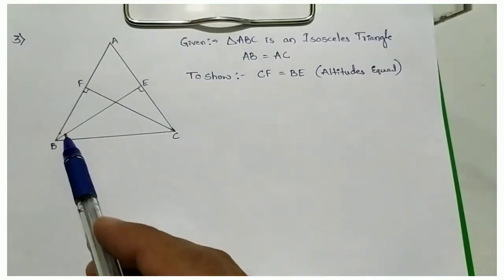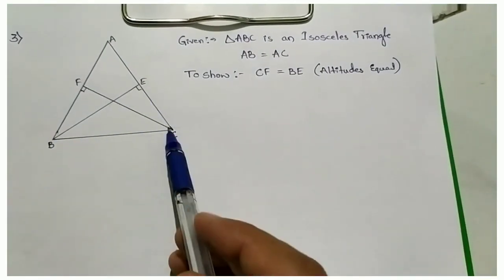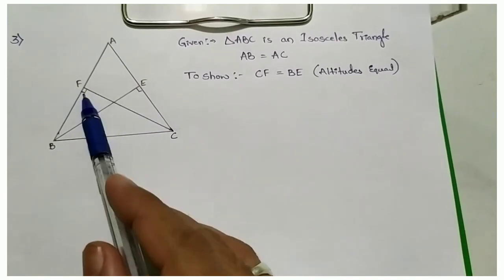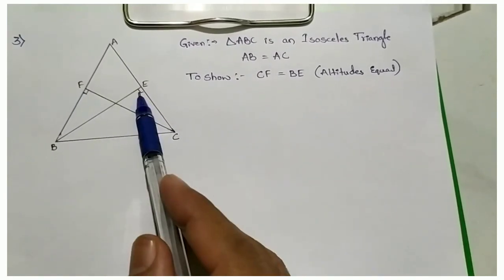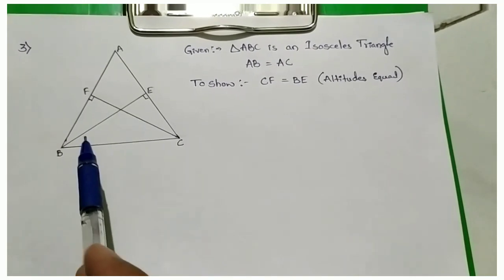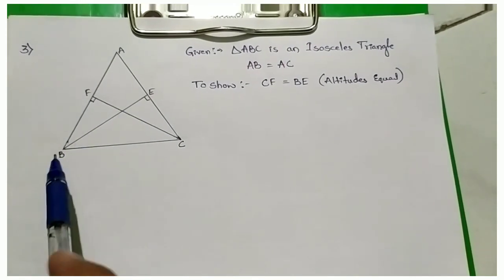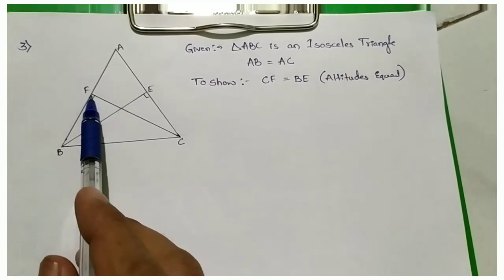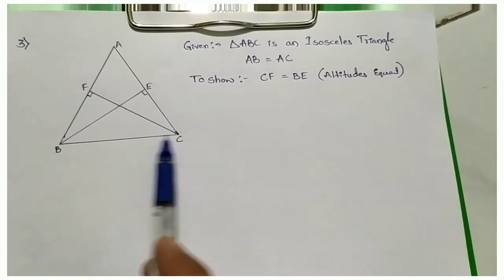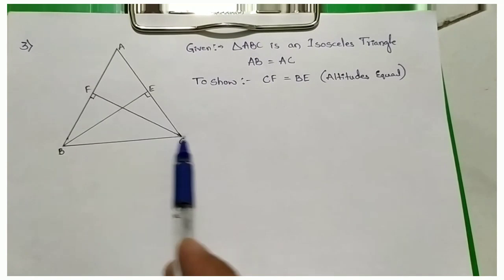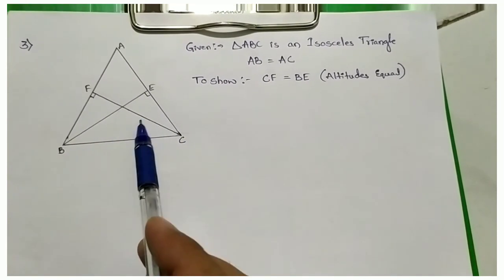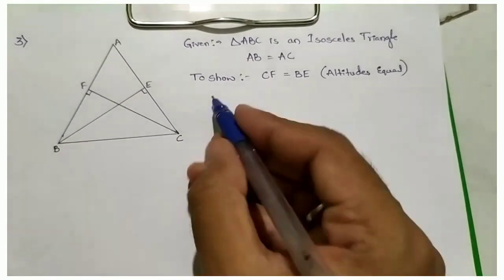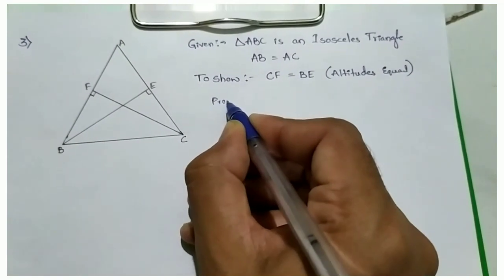So see here, BE and CF are altitudes, meaning they make 90 degrees. Once again, carefully observe the figure here. BFC, one triangle we are getting. Similarly CEB, another triangle we are getting. So we have to use both triangles in our proof.